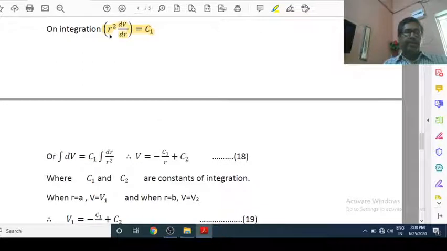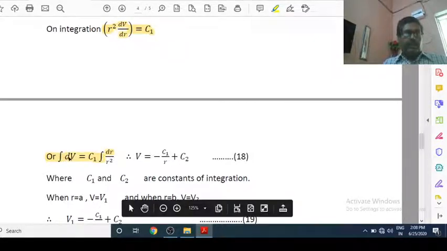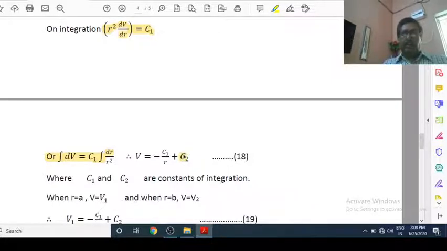Now r square is taken this side, multiplication, so here it will be division. So dV is equal to C1 dr by r square, and after integration it will be V equals minus C1 by r, and we take another integration constant C2.